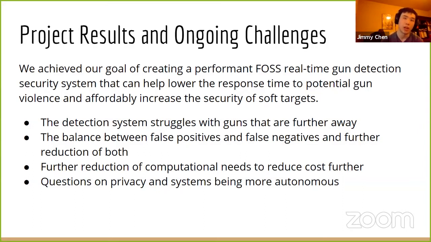And then there are some questions on privacy and the systems becoming more autonomous. When there are more autonomous systems, there's a question of whether people will still verify when something comes in, or how closely they'll monitor such a feed.